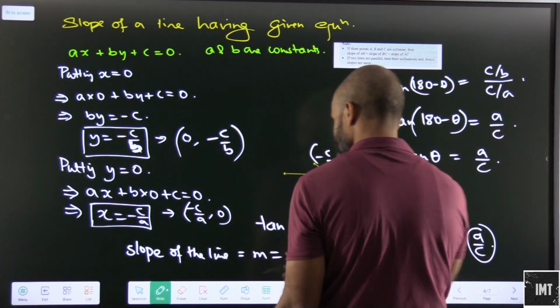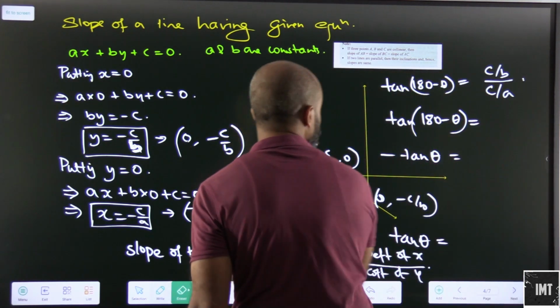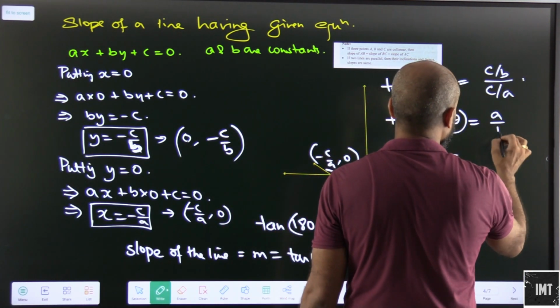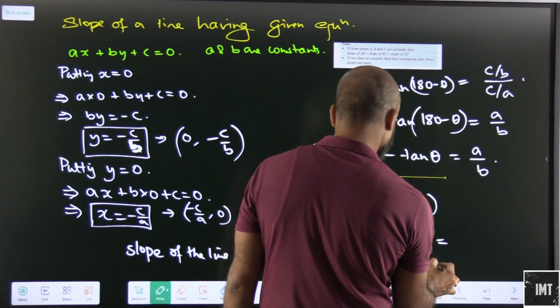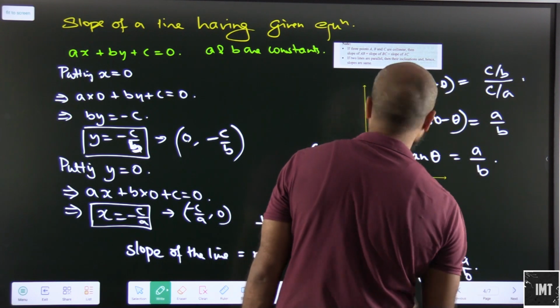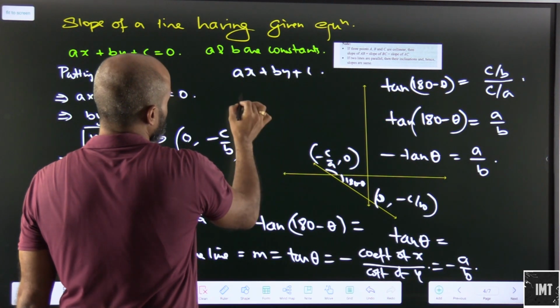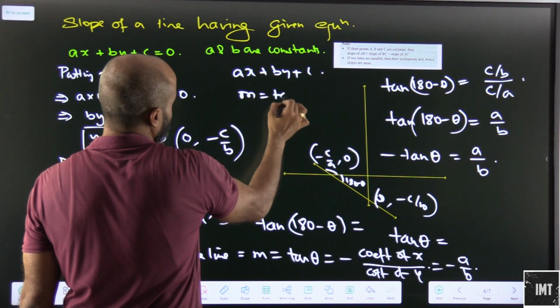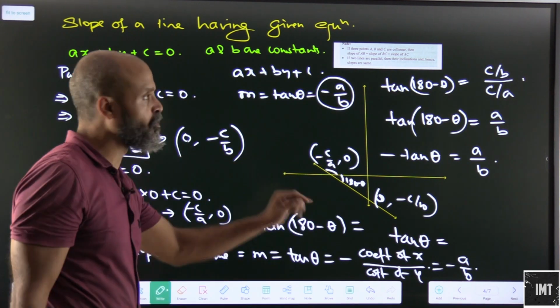I am so sorry people, this will be a by b. So for any equation ax plus by plus c, the slope of the line, that is tan theta, will be minus a by b, that is minus coefficient of x upon coefficient of y.